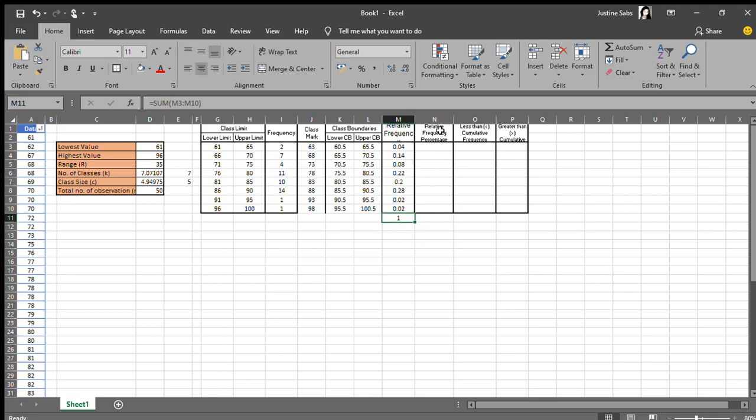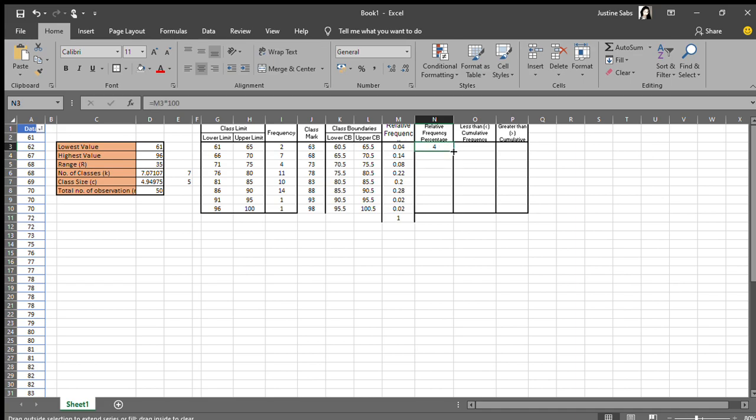For the relative frequency percentage, we can determine that by multiplying the relative frequency by 100%. So equal sign, select the cell for the first class relative frequency, then multiply it by 100. So we have 4.